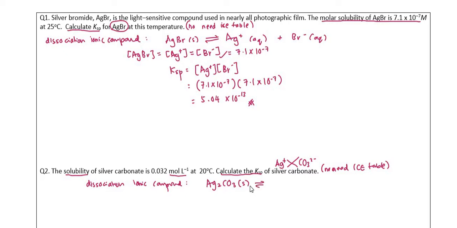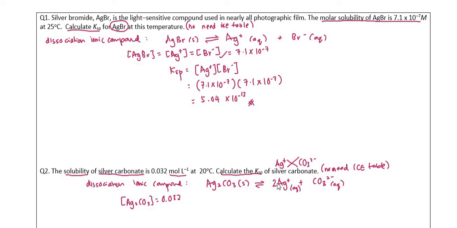Solid, Ag+ and carbonate. Balance the equation with 2 here, write the phases, and then check the concentration. Given silver carbonate, the concentration of Ag2CO3 is 0.032.